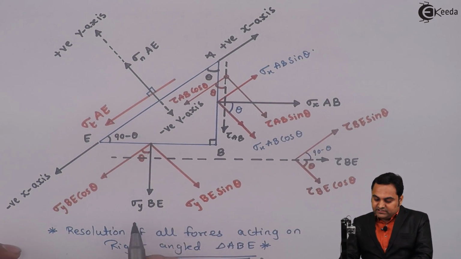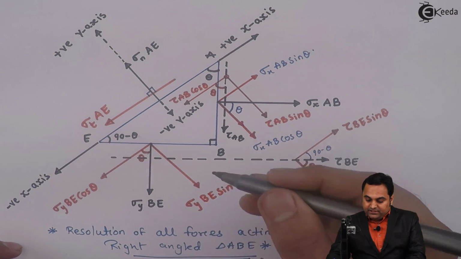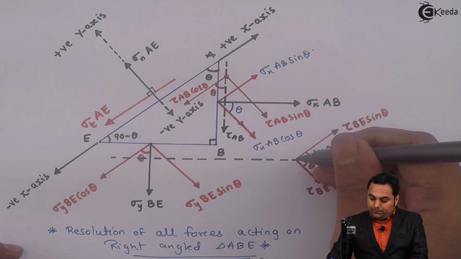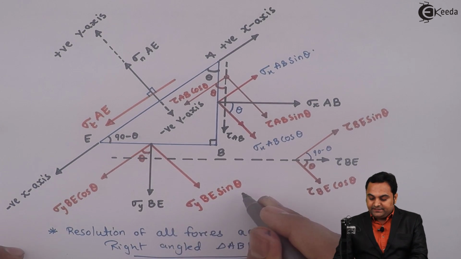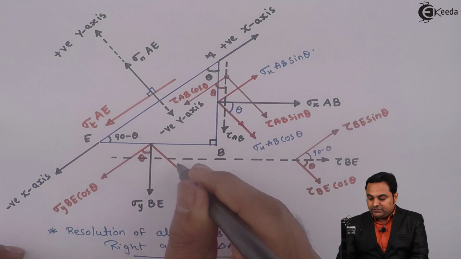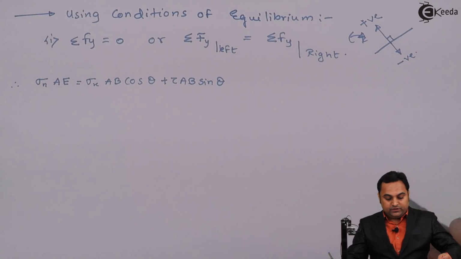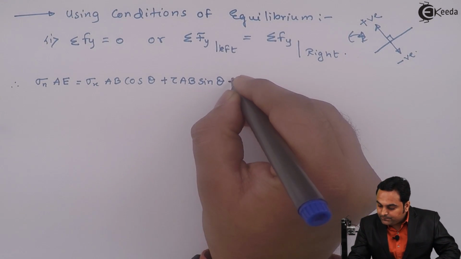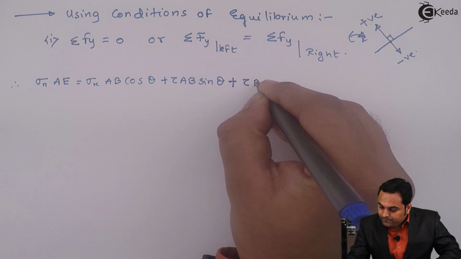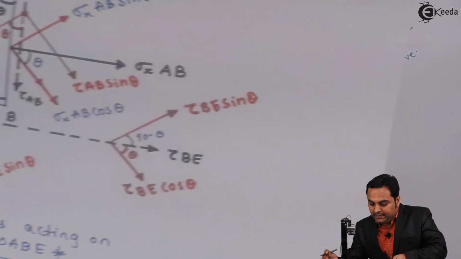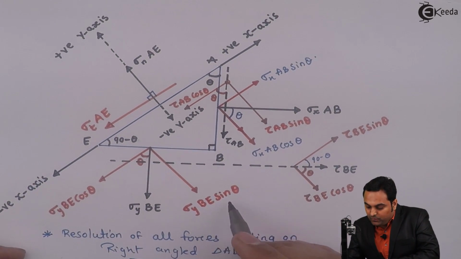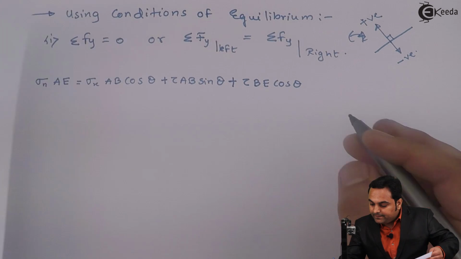Next, on face BE, here we have tau BE cos theta and sigma y BE sin theta, which are perpendicular acting downward, so negative. I'll write down plus tau BE cos theta and plus sigma y BE sin theta.